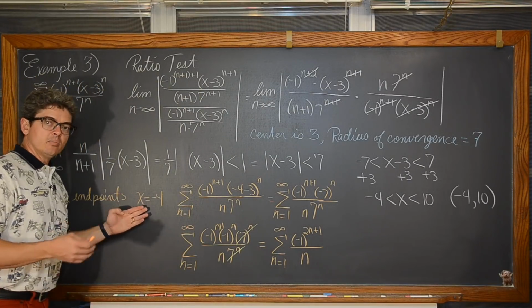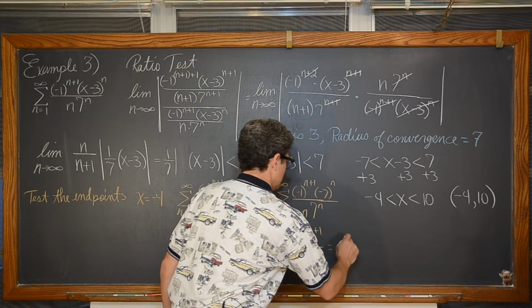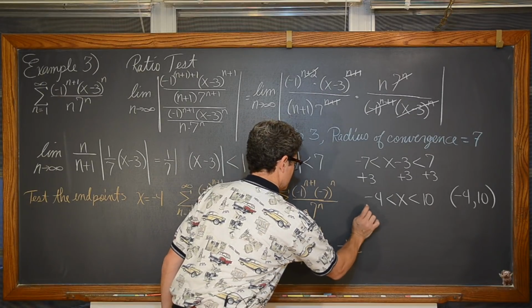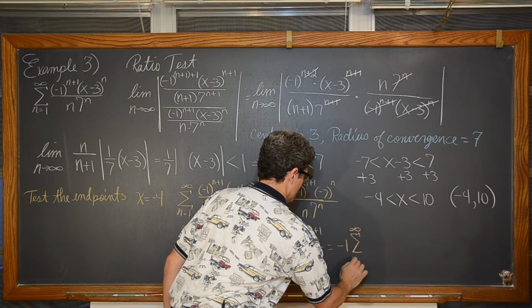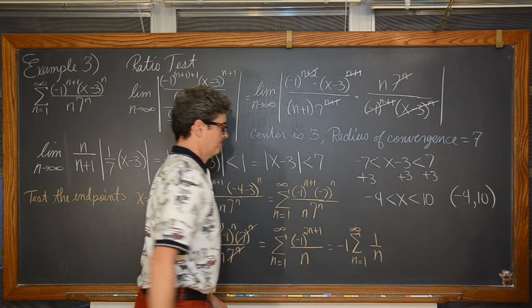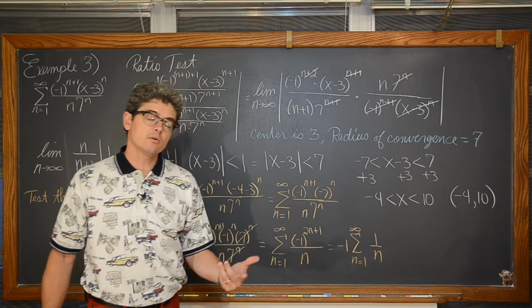But when we check the endpoint where x is equal to -4, we actually get -1 times the summation where n starts at 1, goes to infinity, of 1 over n. So it's -1 times the summation of a harmonic series.